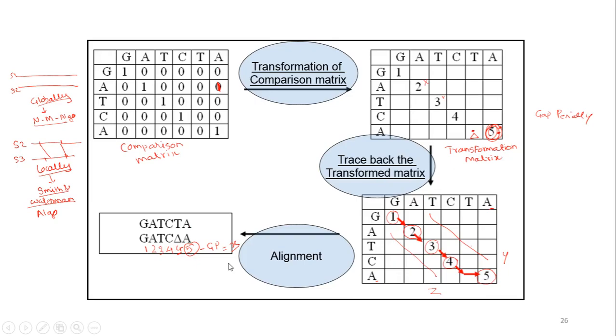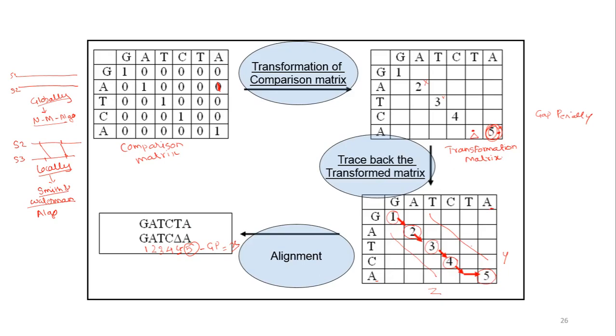In our previous lecture, I showed you a simple scoring scheme where we gave a score of 1 wherever there is a match, and a score of 0 wherever there is a mismatch. That was a very hypothetical example, and we cannot proceed with such a simple scheme.